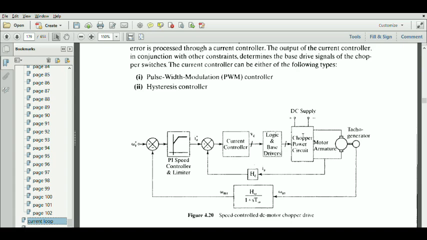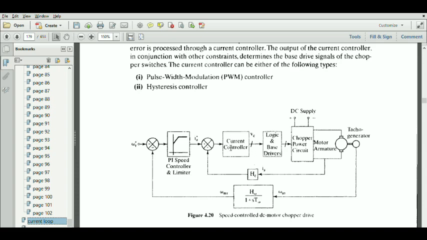which is taken from the chopper power circuit, or you can say the chopper power output current. This current output is fed back to the addition block with a gain HC, so IA star minus IA into HC gives you the error.